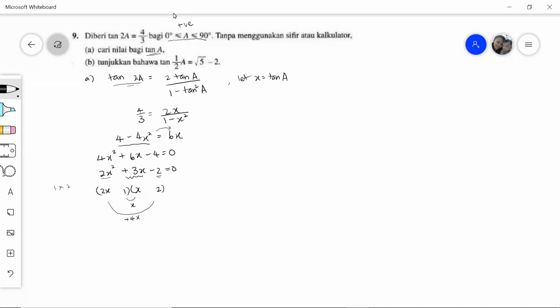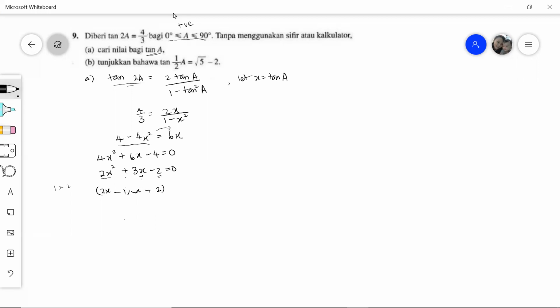It has to be positive 4x here and negative x here. Therefore, we put negative in front of 1 and positive at the back. All right, and then double check. Negative 1 times 2, we will get negative 2. So our factorization is correct. Let's just erase this part after we double check.